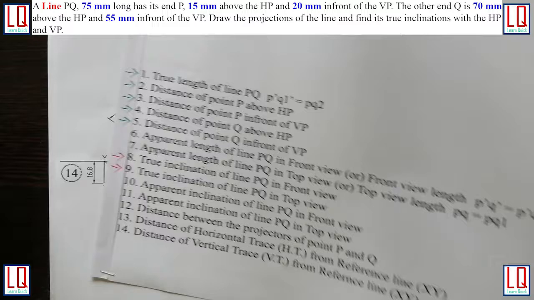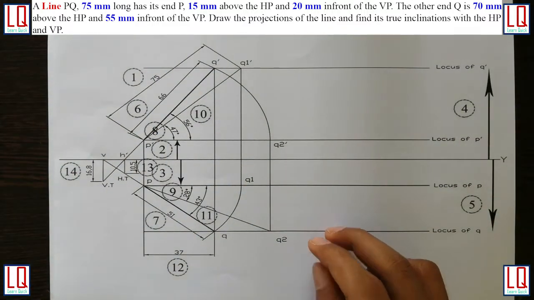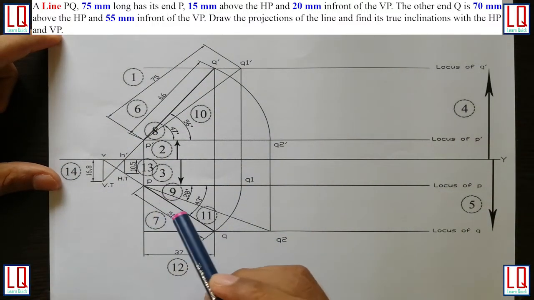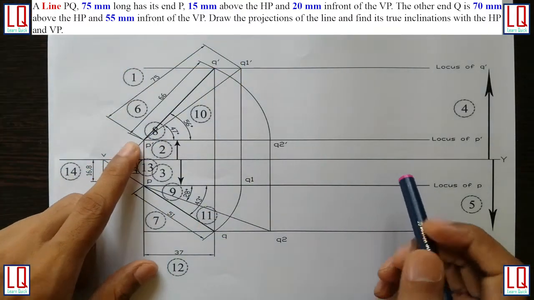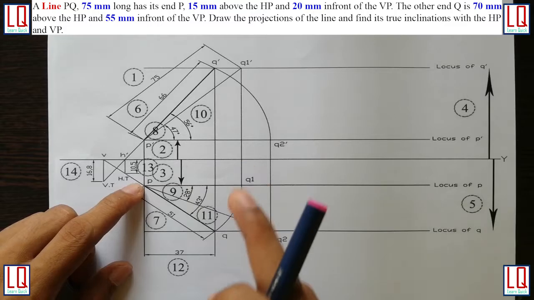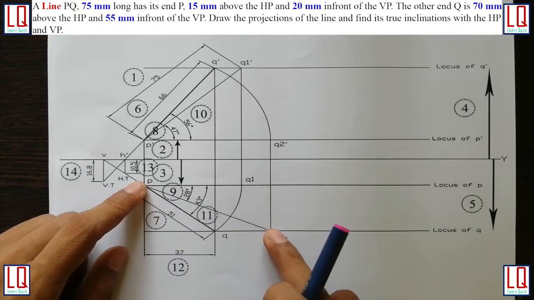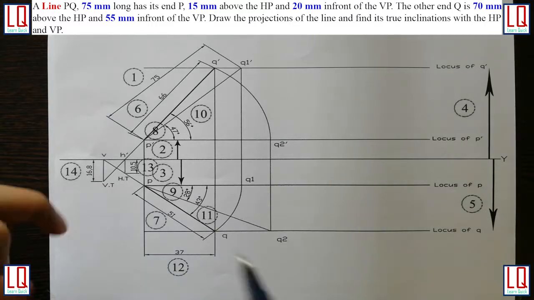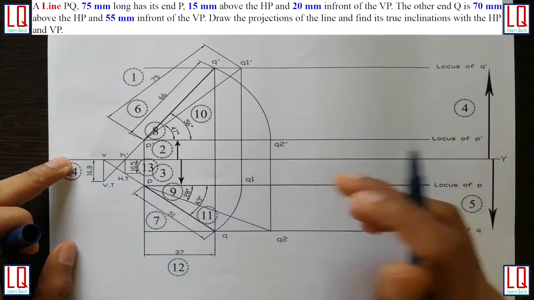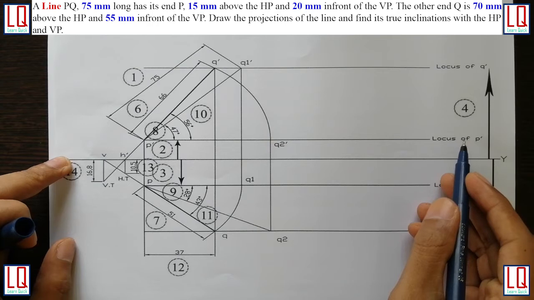So if you see the format here, what are the data given? They have given the data 1, the true length of the line. From here to here the length is given, and the same true length is also available in the top view. The data number 2 is also given, which is nothing but the distance between the reference line and the locus of P dash.